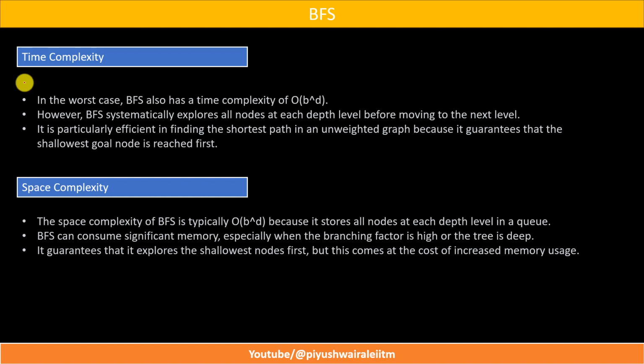Time complexity in the worst case, BFS has a time complexity of order b to the power d. However, BFS systematically explores all nodes at each depth level before moving to the next level. It is particularly efficient in finding the shortest path in an unweighted graph because it guarantees that the shallowest node is reached first, because it will go level by level. Then what is the space complexity in BFS?